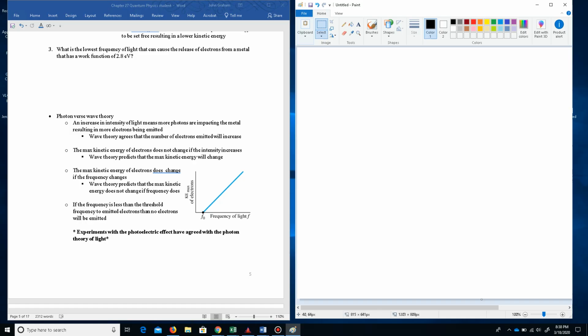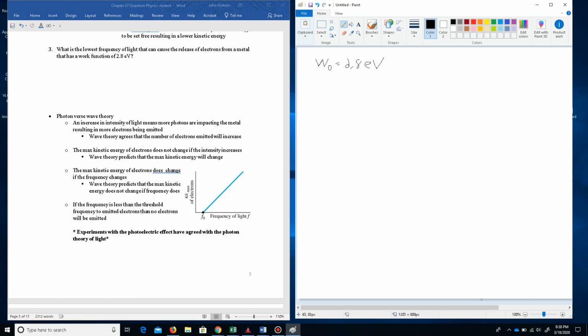Alright, so we want to find the lowest frequency of light that can cause the release of electrons from a metal that has a work function of 2.8 eV.